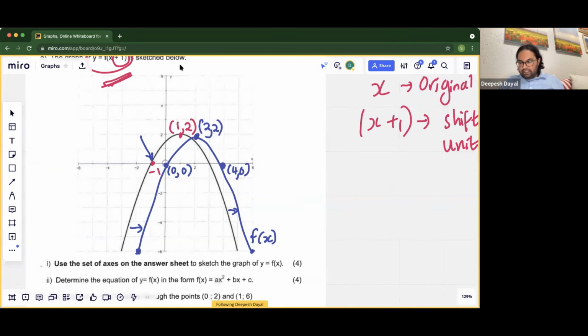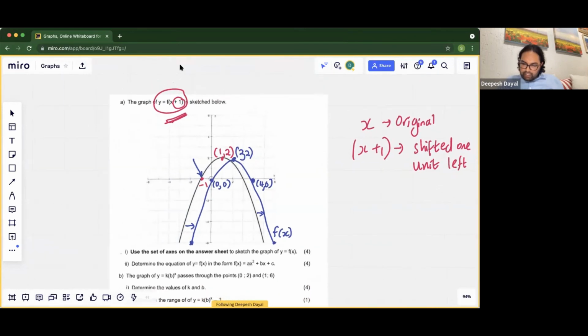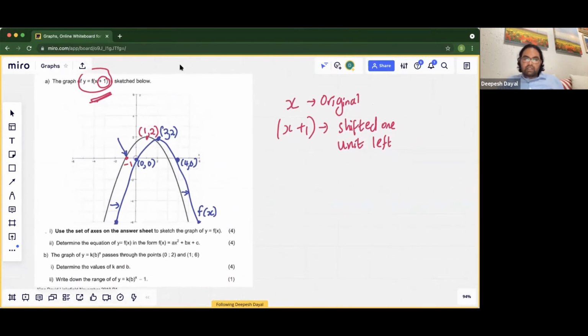So how do we find the equation of this graph? Which formula do we use? Anybody remember from a few weeks ago, we were doing the parabola and we had done this. Which equation do we use? Do you want to type it in the chat maybe?